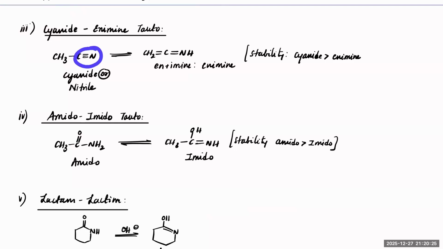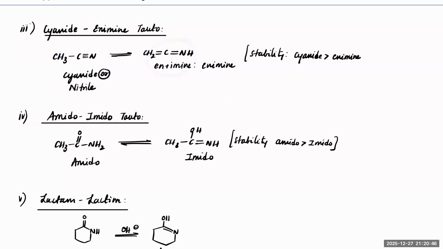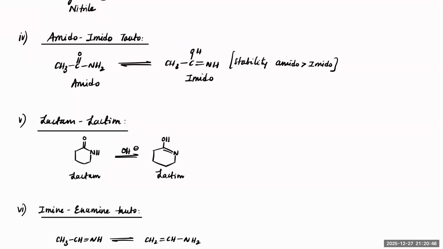This is cyanide, and if I push this hydrogen here, double bond here, that will become ene plus imine. Cyanides are generally more stable than enamine, so this tautomerism is weaker. The majority of the content will lie on the cyanide side, and a very small composition will go into the enamine form.